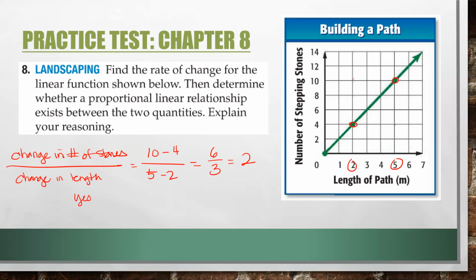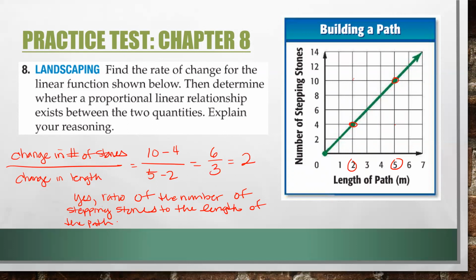So yes, the ratio of the number of stepping stones to the length of the path is the same for every pair of values.